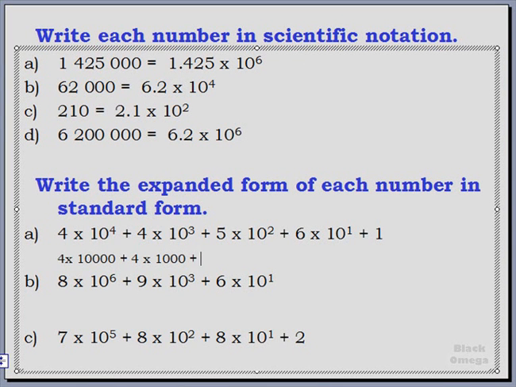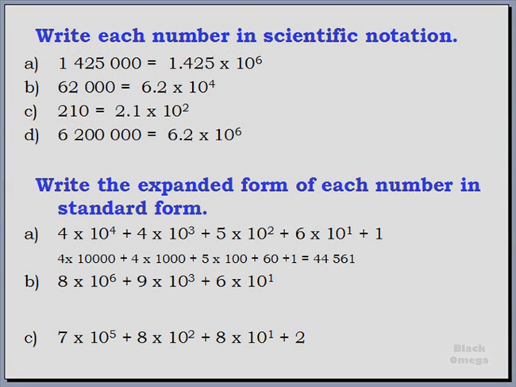Okay, plus 5 times 10 squared is 10 times 10, which is 100, plus 6 times 10, which is 60, and finally we have 1 at the end. So at the end of it all, we have to add up what we have here. So we have 4 times 10,000, which is 40,000, plus 4 times 1,000, which is 44,561. And that's the standard form.